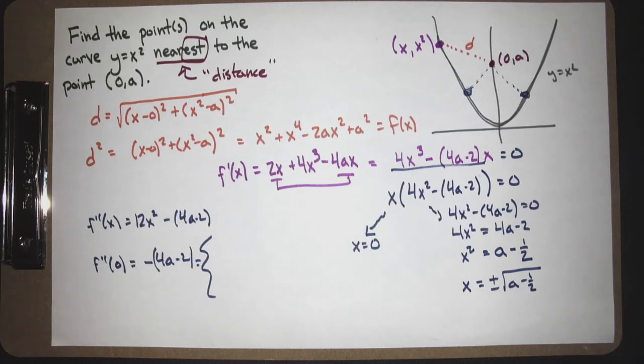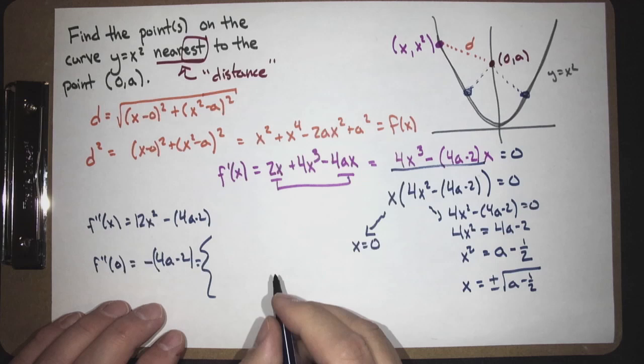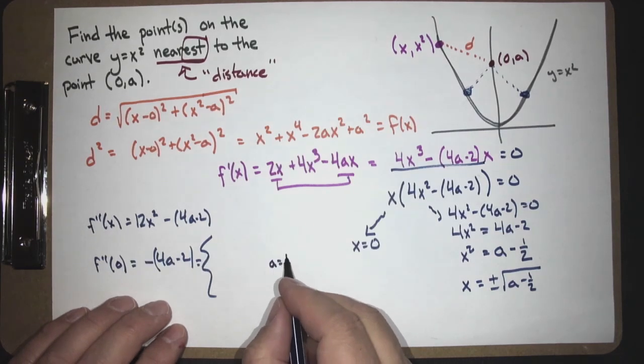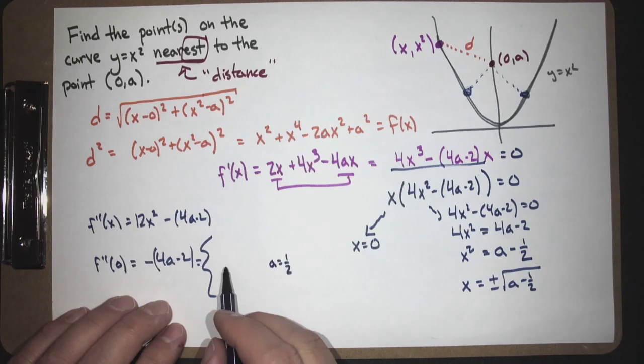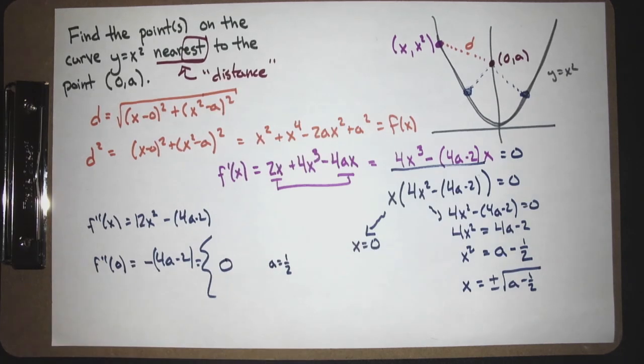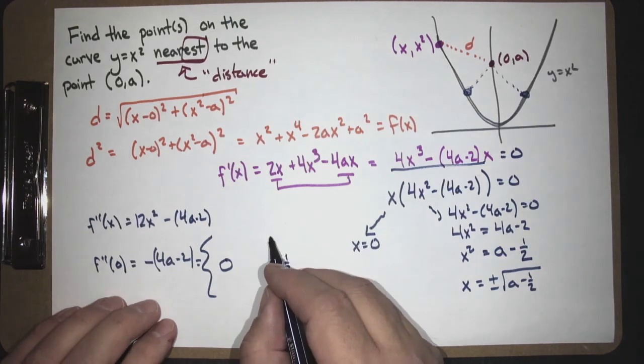Okay, so there's a couple of cases. What happens if a is equal to a half? What's the sign of the second derivative? It's 0, because 4 times (a minus 1/2) is 0. What if a is bigger than a half?